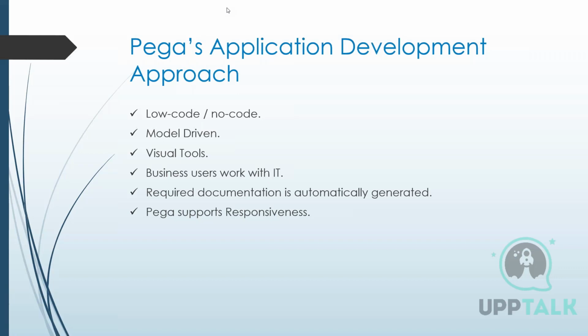Exactly. When the requirements are within what the platform has provided, then I can call it no code. But if your requirements are a bit beyond what the platform is providing, then I can still go ahead and write some code here. In either case, it is minimal code.